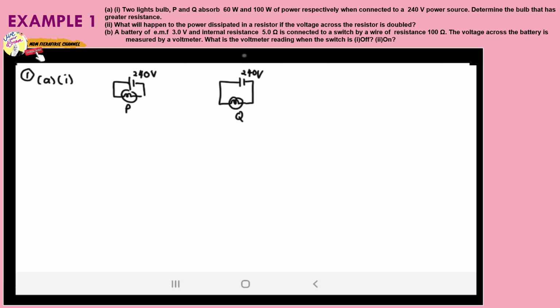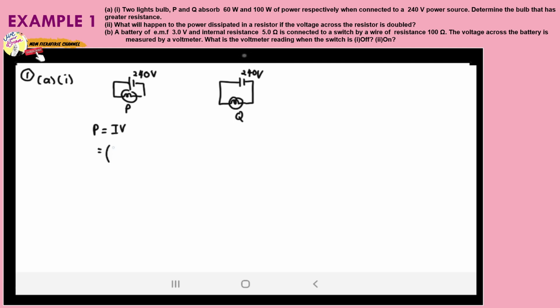Based on the question, we can write that power P is equal to IV. Since we want to calculate the resistance in each bulb, P and Q, I will write I is equal to V over R, from the equation V is equal to IR.